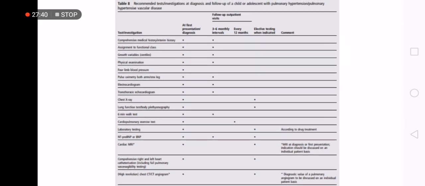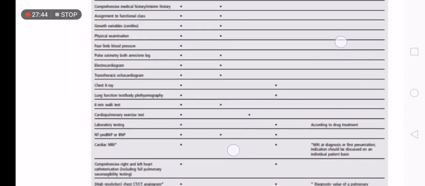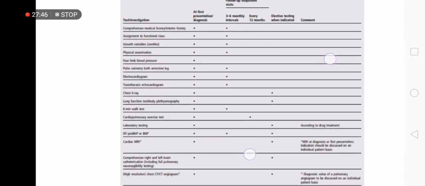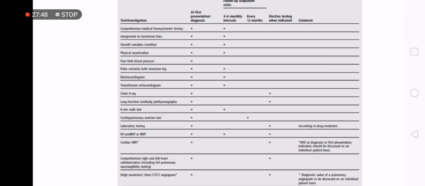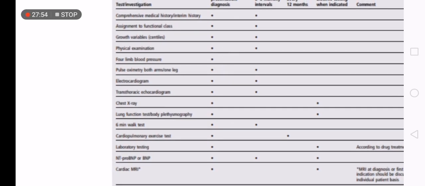This is another table to put the investigations that we have to consider in each patient with pulmonary hypertension.